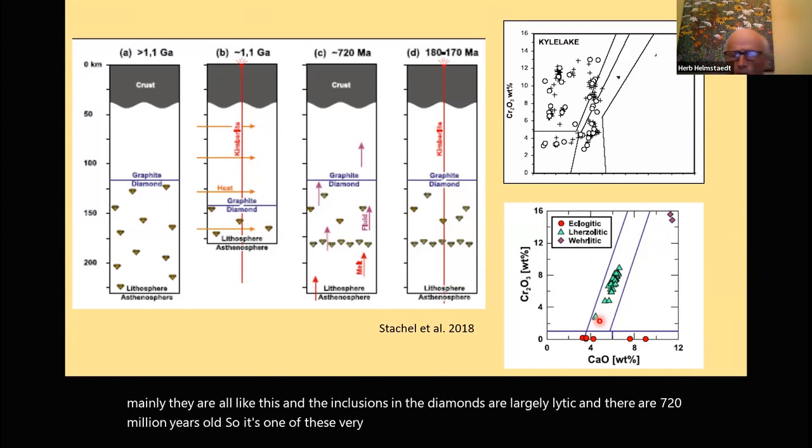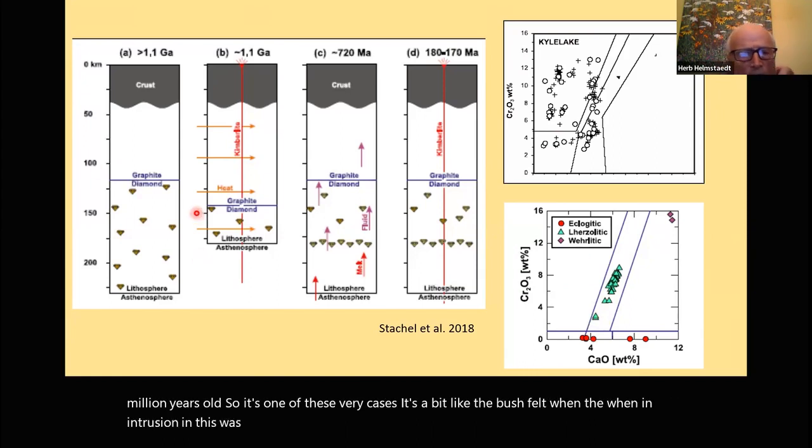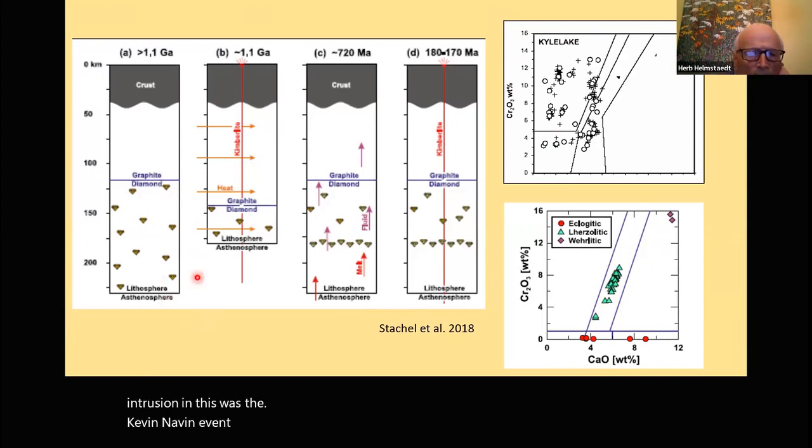It's a bit like the Bushveld, an intrusion, and this was the Kivanovan event in the central Superior province, when that heated up. This is the original diamond situation that was heated up.